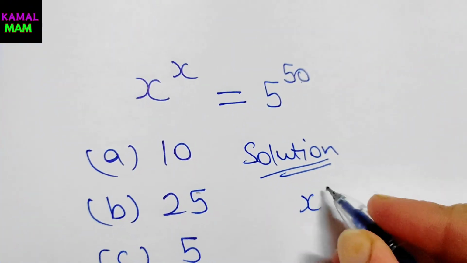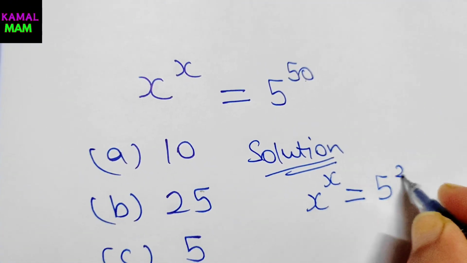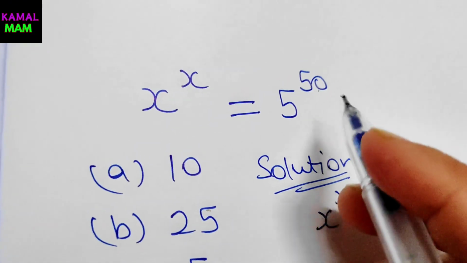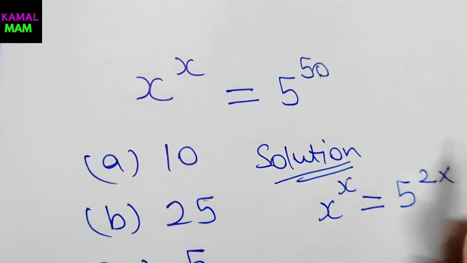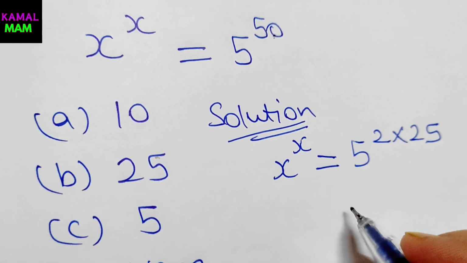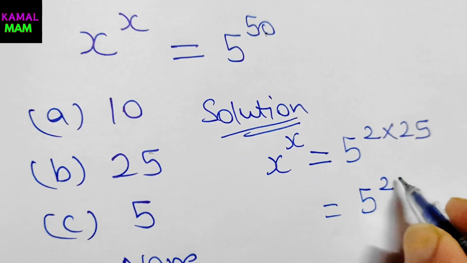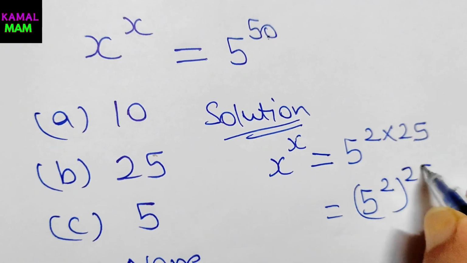x raised to power x is equal to 5 whole square into, we can also write 50 as 2 into 25. Okay, so in the next step what we get is 5 whole square raised to power 25.